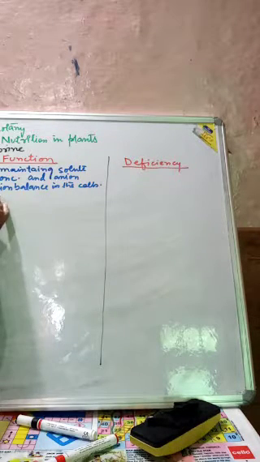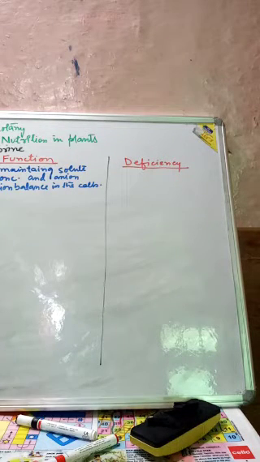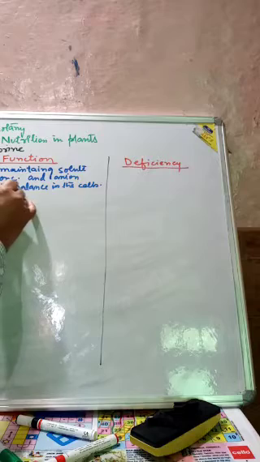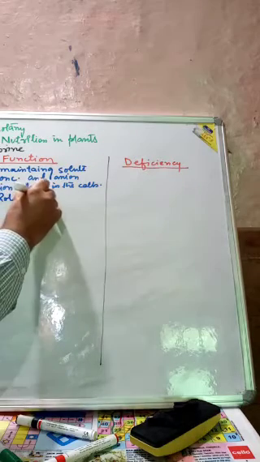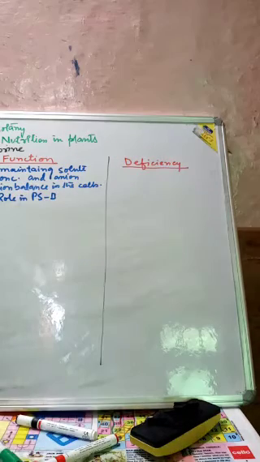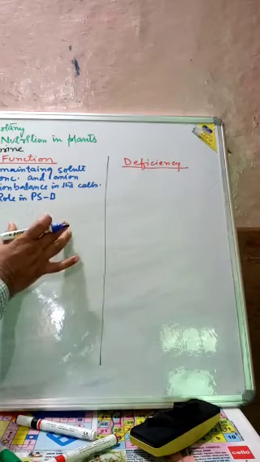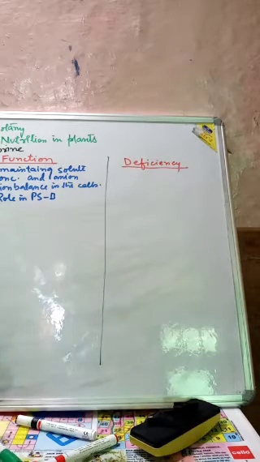Second, another function of chlorine is that it plays an important role in photosystem II, in photosynthesis and transpiration.